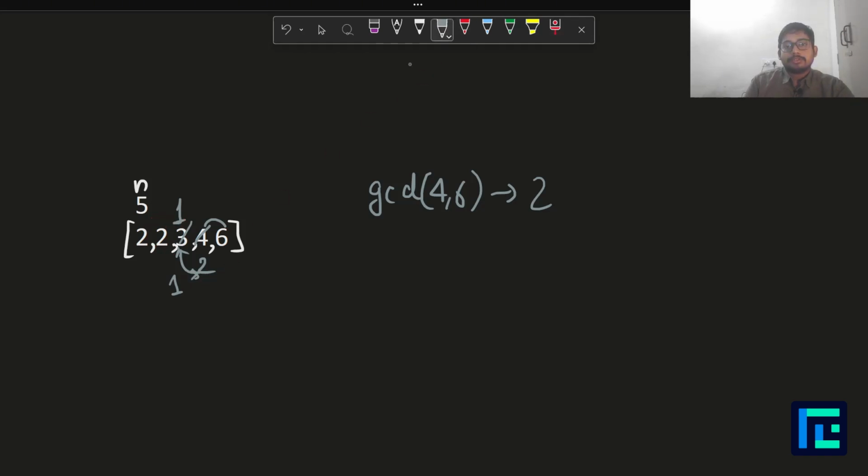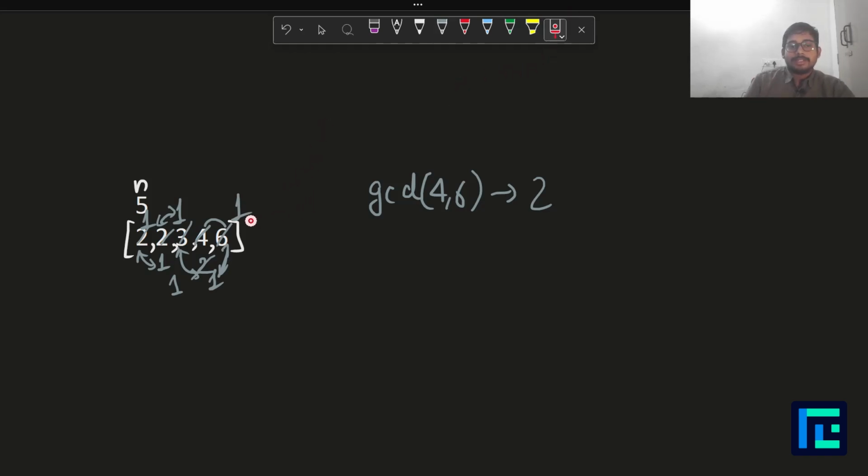Then we can pick these two and replace this with a 1. Now here we have got 1 and 2, so we can pick these two and replace this with a 1, and then pick these two and replace this with a 1. How many operations did we need in total?